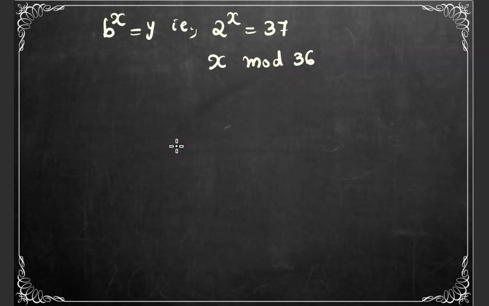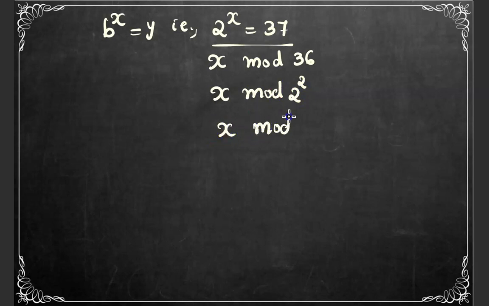First of all, we will try to find an x which satisfies this relation modulo 2 square, and also an x which satisfies the condition modulo 3 square separately, and then we can apply the Chinese remainder theorem and find the value of x which satisfies the condition modulo 36.